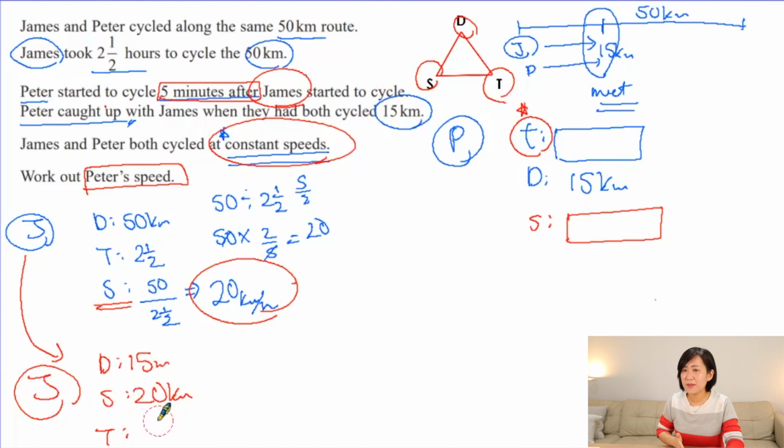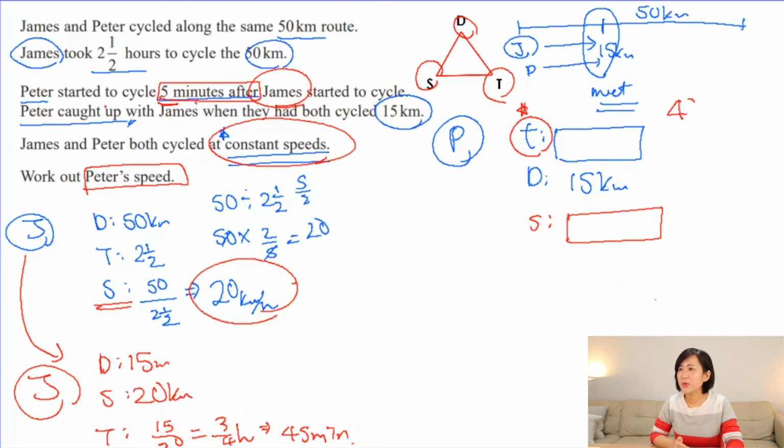How long did James take to get to the 15 kilometers? His time is distance divided by speed. So distance 15 divided by 20 is 3/4. 3/4 hour means it's 45 minutes. That means James took 45 minutes to get to the 15-kilometer point, right?